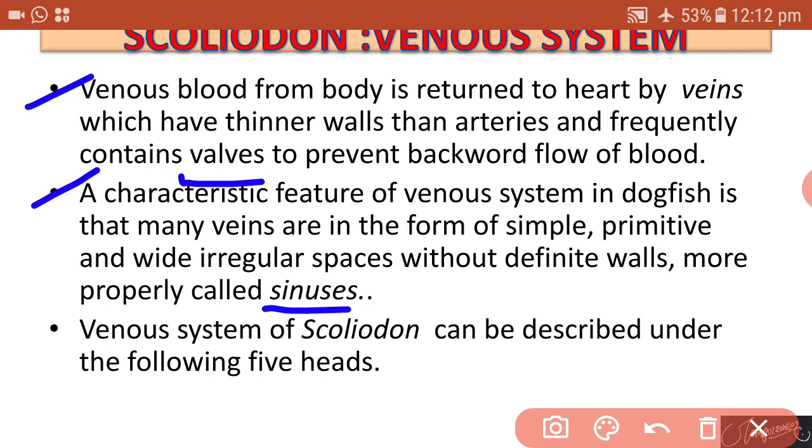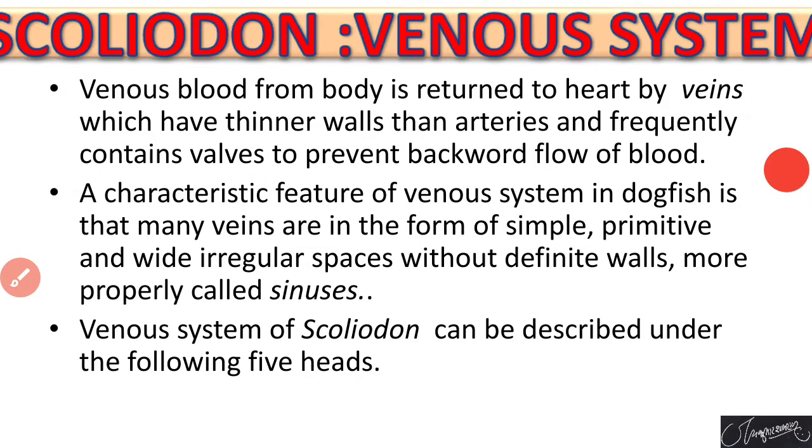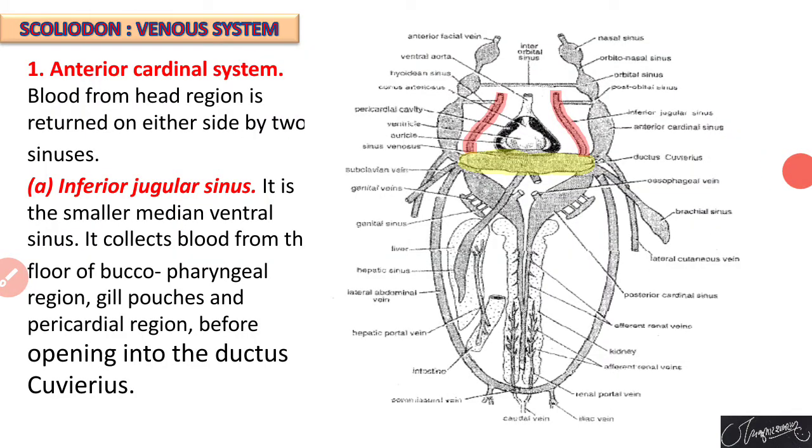Like the arterial system, the venous system of the Scoliodon is also divisible into 5 parts or studied under 5 heads. So let's start one by one. The first part of the venous system of the Scoliodon is the anterior cardinal system.